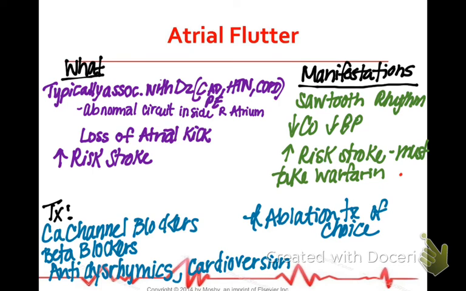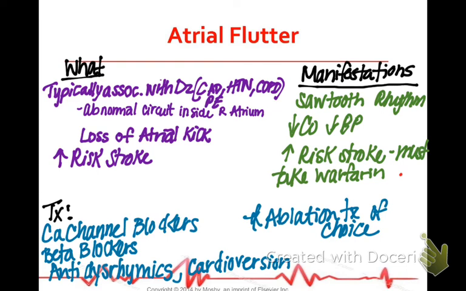So the ablation is a treatment of choice for most because they don't want to take a bunch of medicine. Treatment of choice across the board. Again, it depends. I got to start by it, so I'd remember that: A flutter ablation, AFib cardioversion. I remember that.